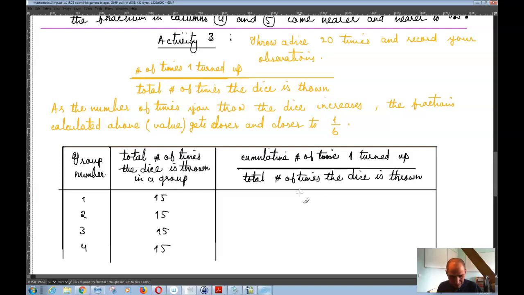So let's say that in this group it happens, for example, 2 times, so 2 divided by 15.